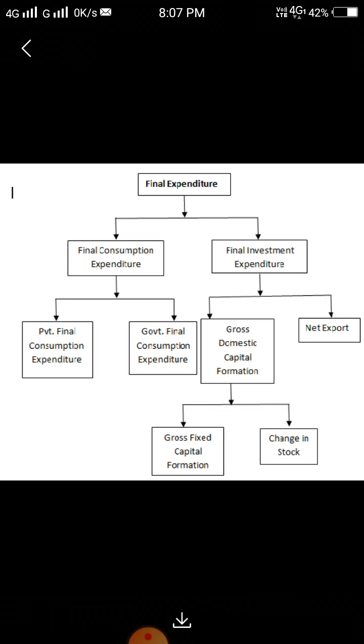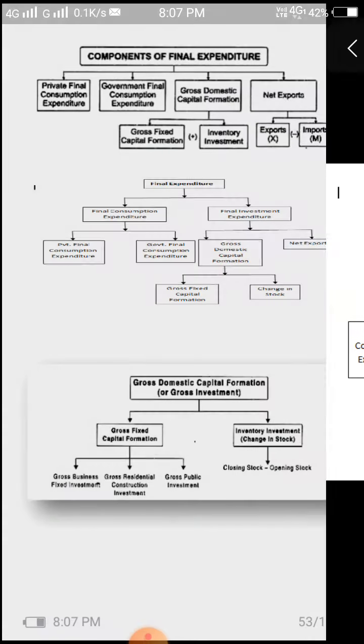I have already explained the final expenditure method: final consumption expenditure and final investment expenditure. Again, private final consumption, government final consumption, final investment, that is gross domestic capital formation, and net export. Gross domestic capital formation we divide into gross fixed capital formation and change in stock, that is called inventory.